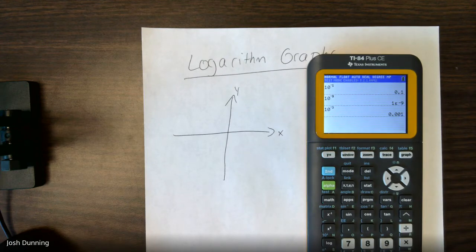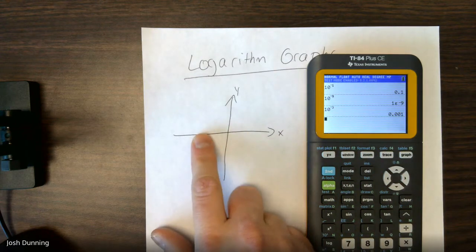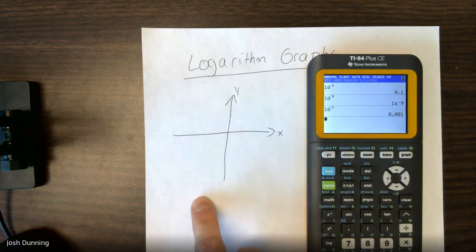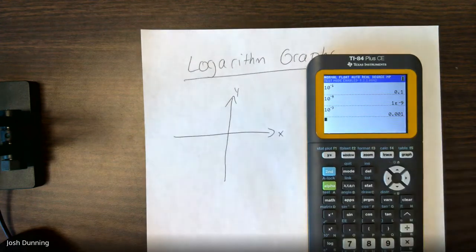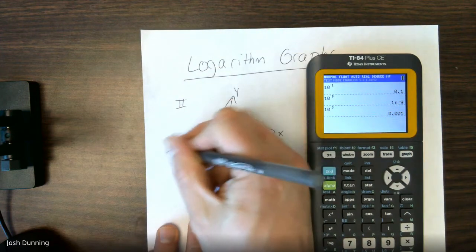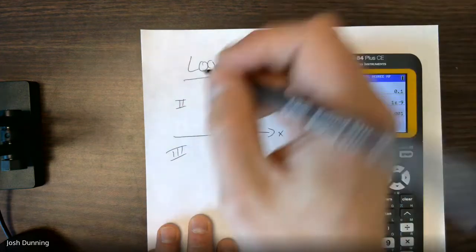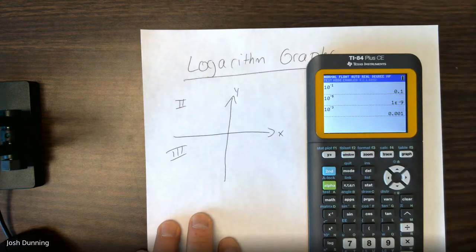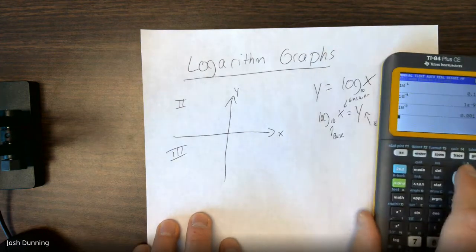I mean, we're getting really close to 0. But no matter how negative I make that exponent, I'm never going to cross over to negatives over here. So for a logarithm graph, quadrants 2 and 3, there's nothing there. It's blank. Quadrants 2 and 3 are blank.